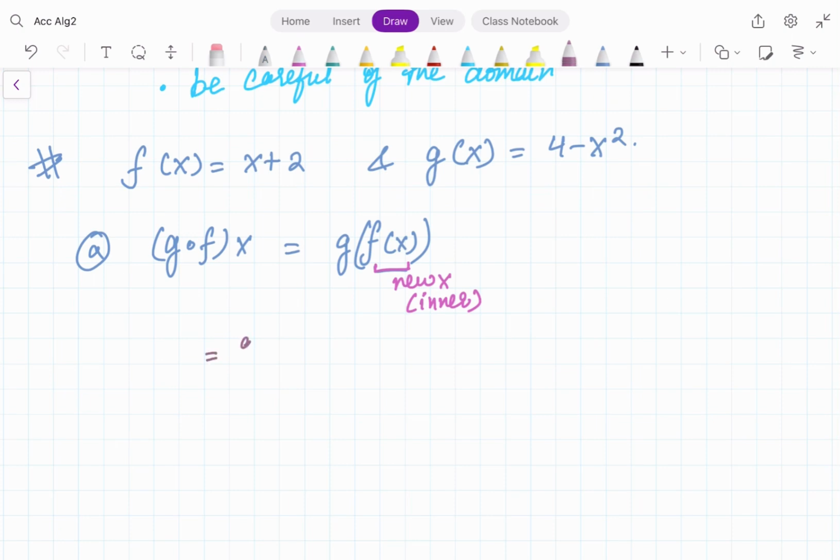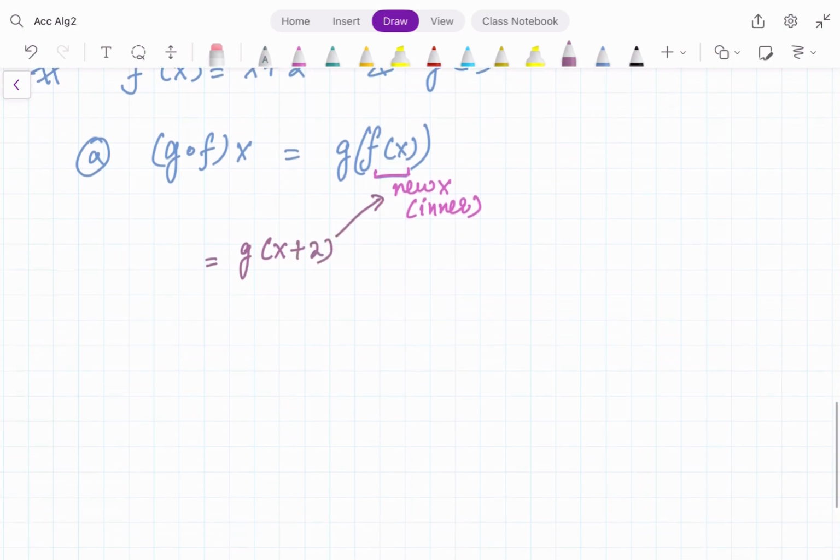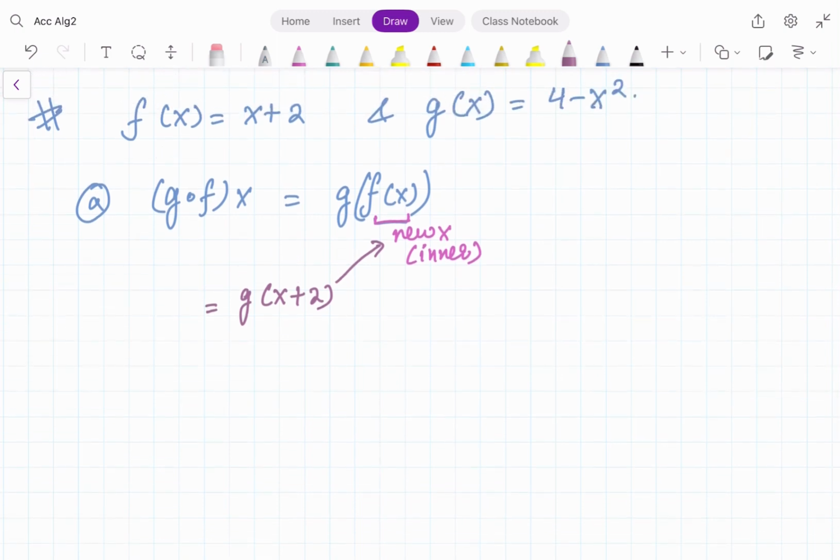Let's write it down: g of x plus 2. This is your new x. But what is the original g function given in the problem? The original function is 4 minus x squared. That means I will replace x squared with x plus 2 squared. So x plus 2 whole squared.